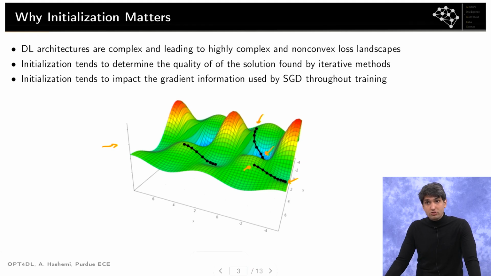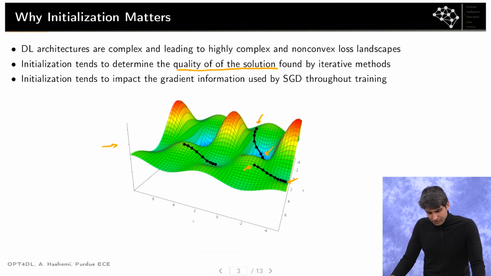In this case, the better solution means a better fit to the data, and hopefully, therefore, a more generalizing model. Therefore, initialization is important to make sure that the solutions we are finding by our iterative optimization and training algorithm are of high quality.